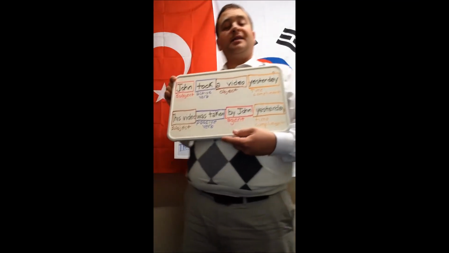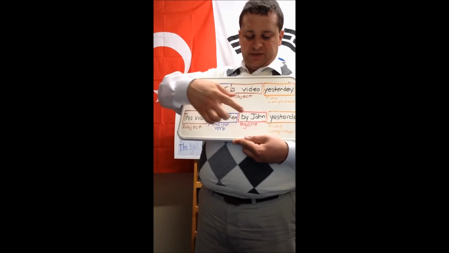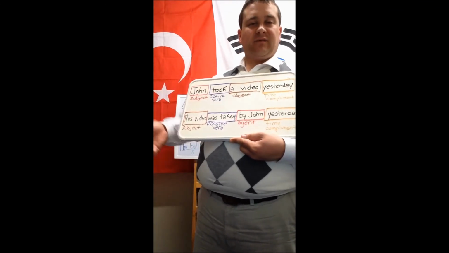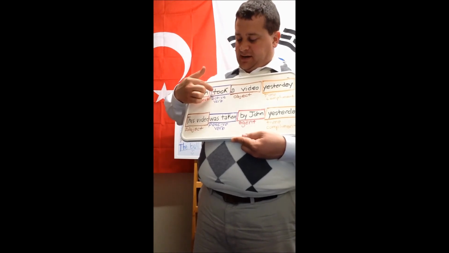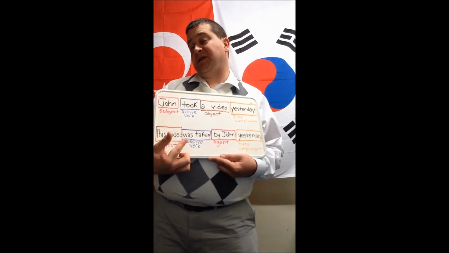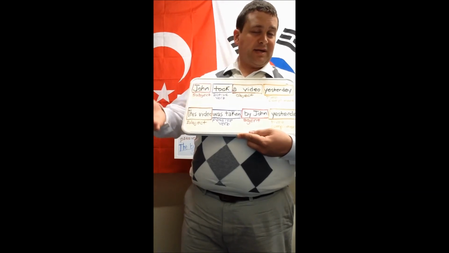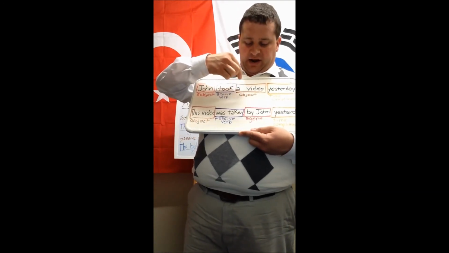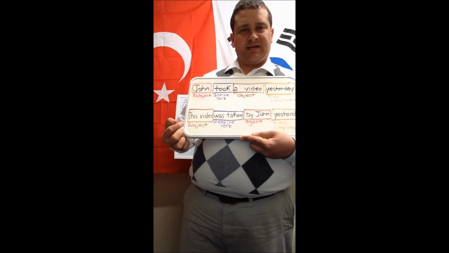Okay, so in these sentences, you can see that John moves to the end of the passive voice sentences, becoming the agent. The verb took, which is an active verb, changes into a past participle verb, taken, but the tense doesn't change. But we also have the verb was, and then we have our object, a video. The object becomes our subject.